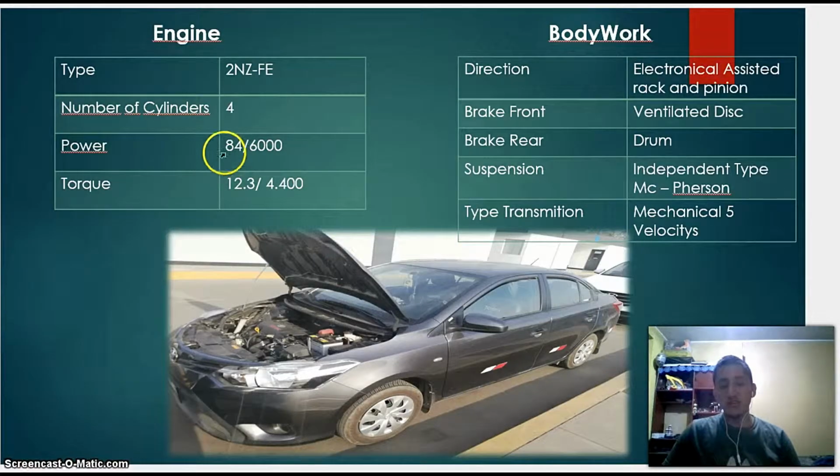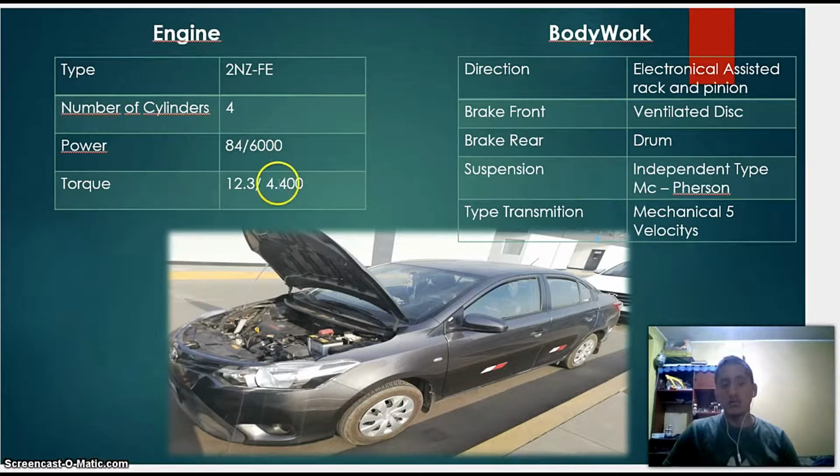The next specification is the engine and the bodywork. The type of the engine is 2NZ-FE. Number of cylinders is 4 cylinders in line. The power is 18.4 at 6,000.